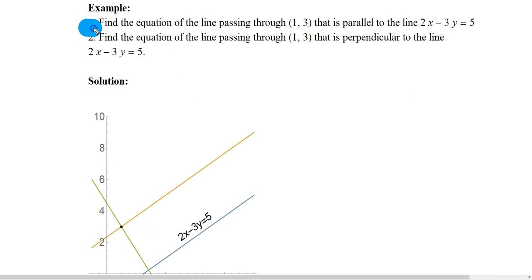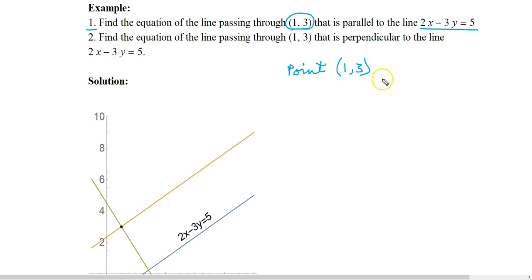So first of all, let's find the equation of the line passing through the point 1, 3 that is parallel to this line. So we have to find the equation of a line. Well, we're given a point that the line passes through. So our point is 1, 3.